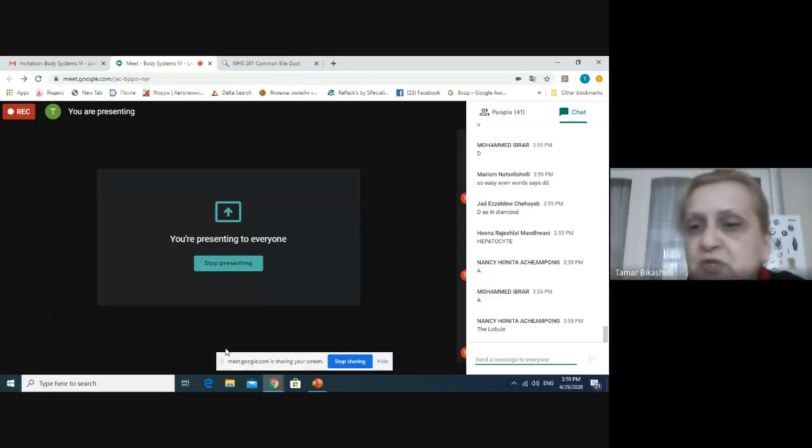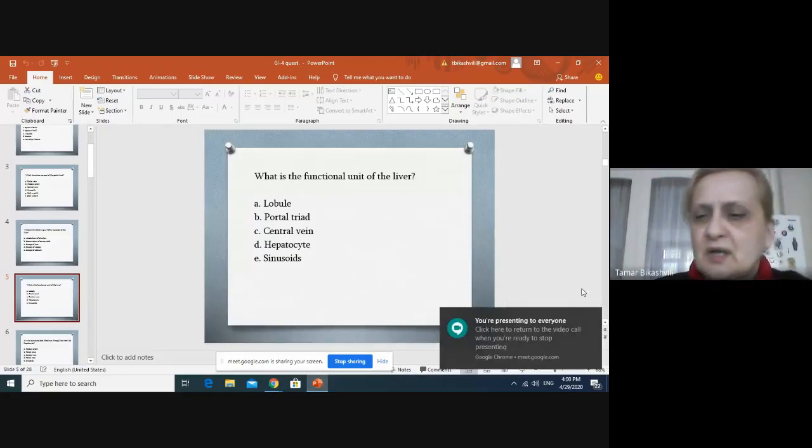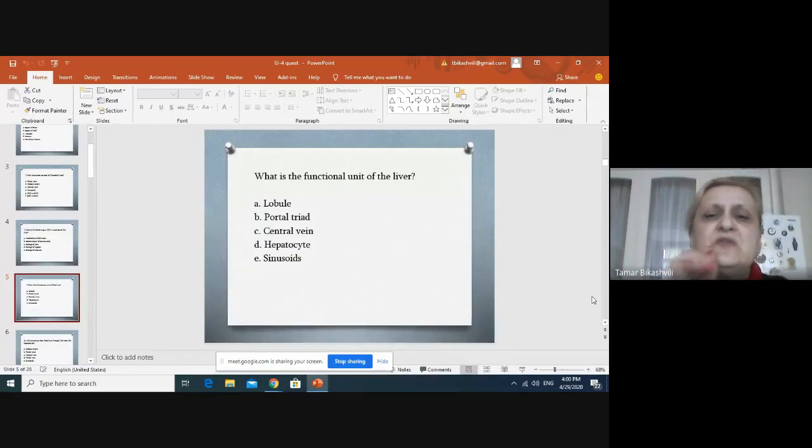A, the lobule, yes. So the lobule is the functional unit. I have received also the answer hepatocytes. The functional unit is the lobule. Hepatocytes are morphological, yes, the cells, but the functional unit is the lobule.